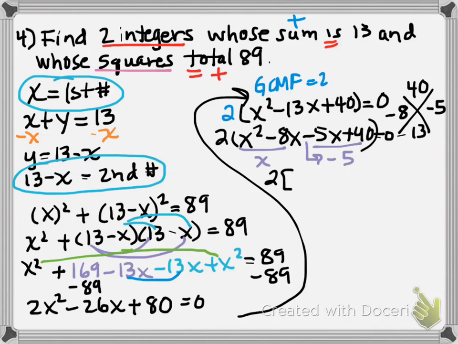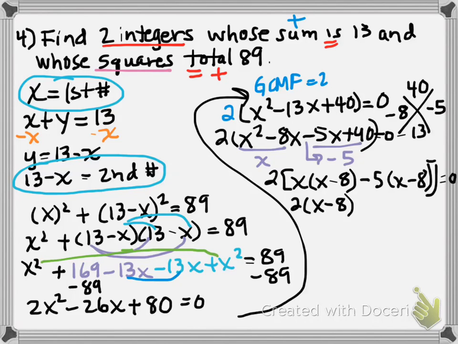So we get the quantity x times x minus 8 minus 5 times the quantity x minus 8, all of that equal to 0. That gives me x minus 8 is the common binomial, and x minus 5 is the second binomial.